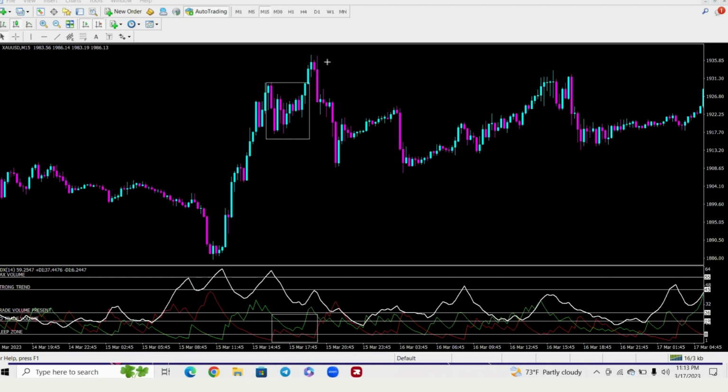So we have all this consolidation and then the white line, our momentum line, falling down. And we literally see the buyers and the sellers fighting for territory, and they're just asleep. But then you see the buyers pop up again, and we get this nice move right up here.